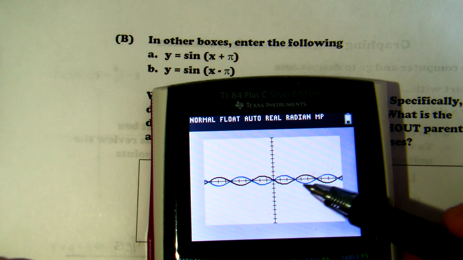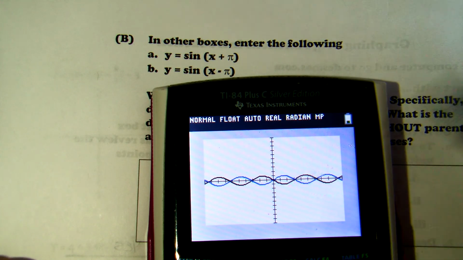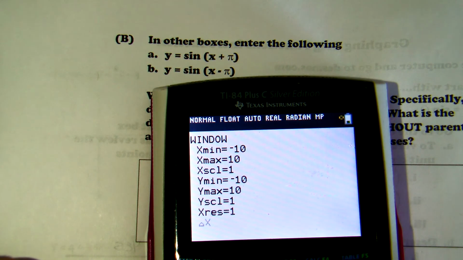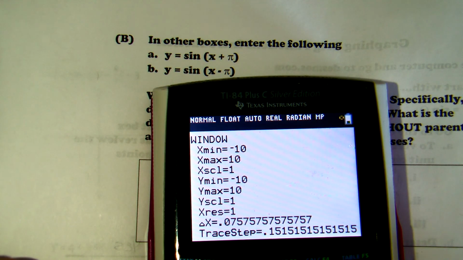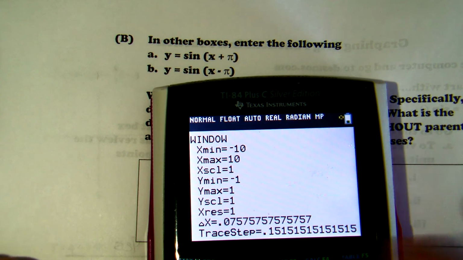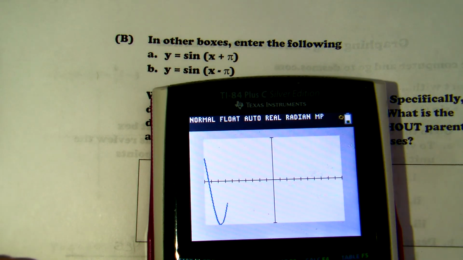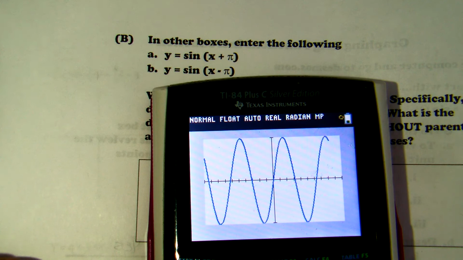So basically the blue is the mother function. The green's a little different. What has occurred is I changed my window, which might be easier to see. There's sine, the regular one without the plus and minus pi.